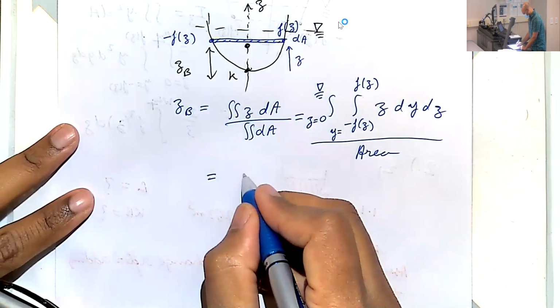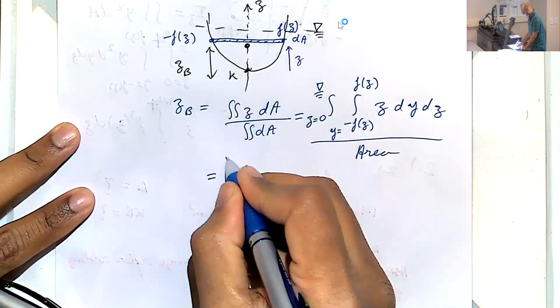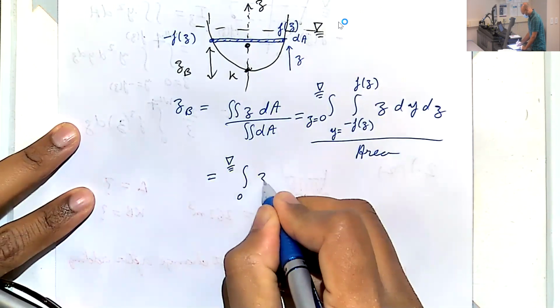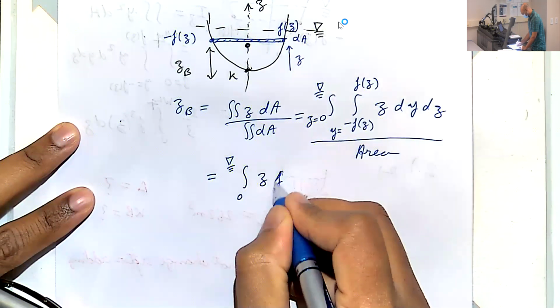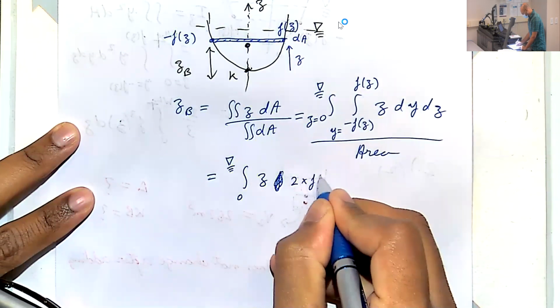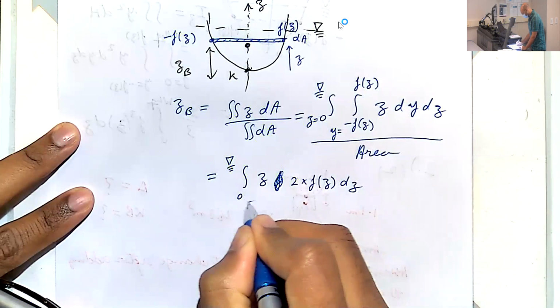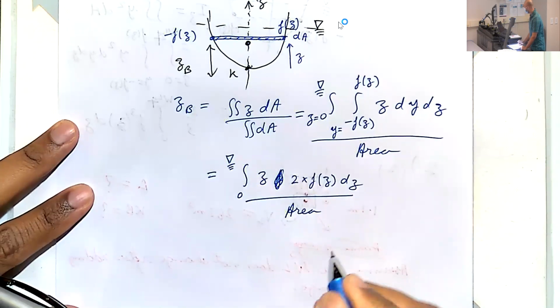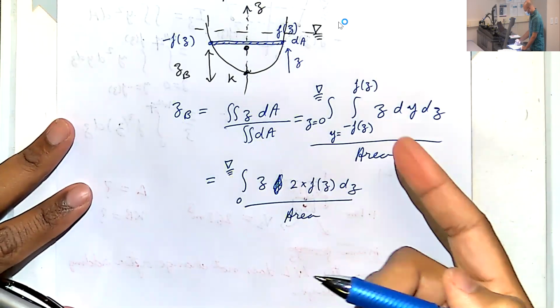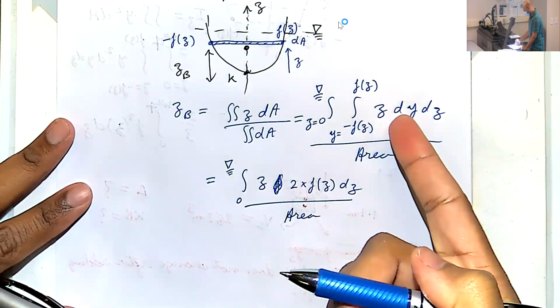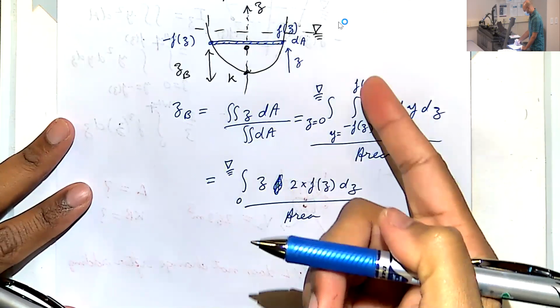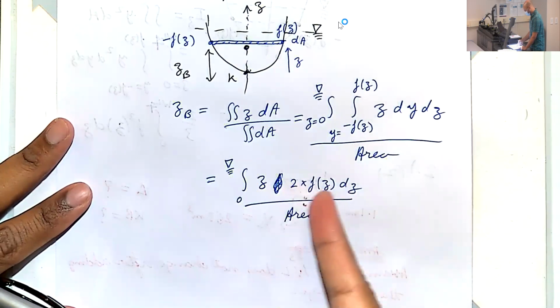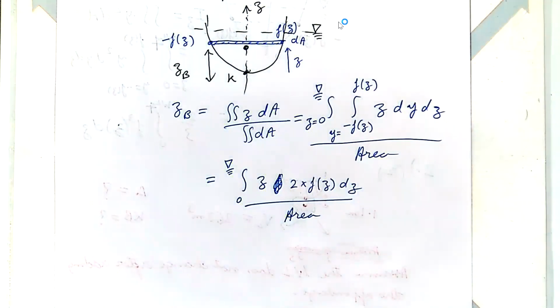All right, and then when you simplify this, it becomes the integral from 0 to waterline of z times 2 f of z dz over area. This is just a constant, dy becomes y, and f minus negative f gives us 2f. Don't you need to put your dz before the dy?